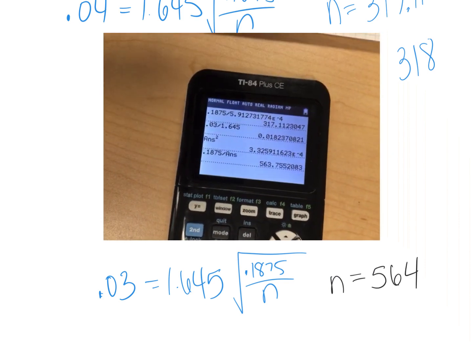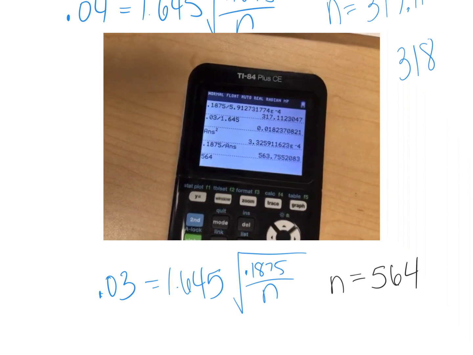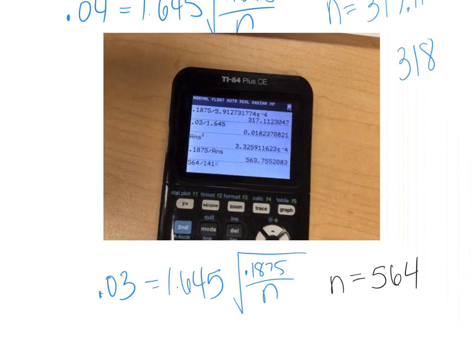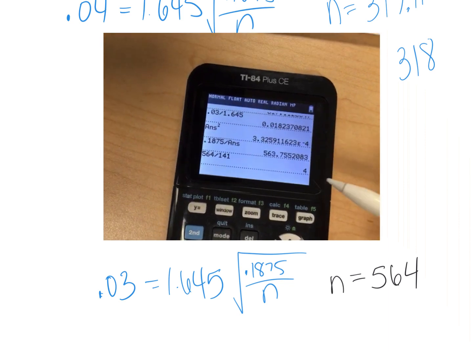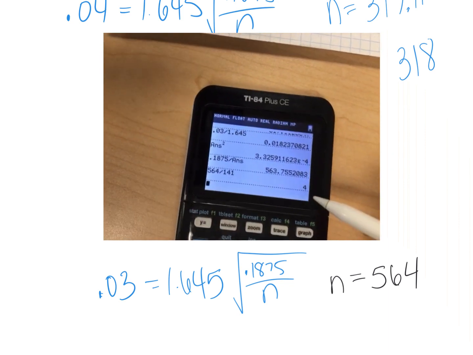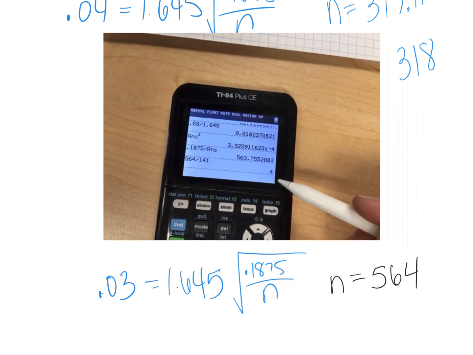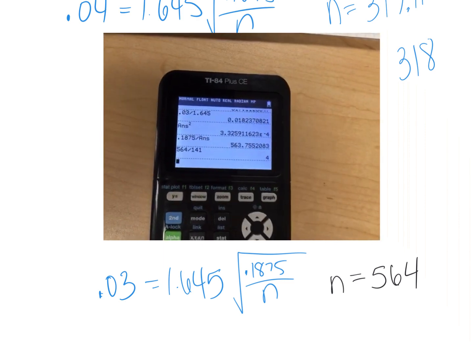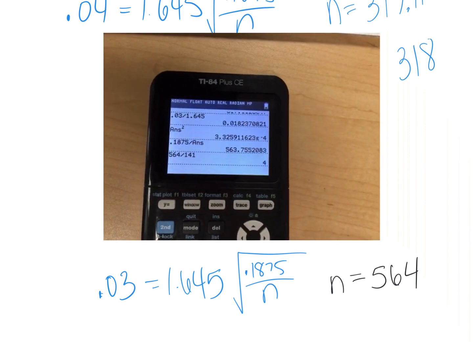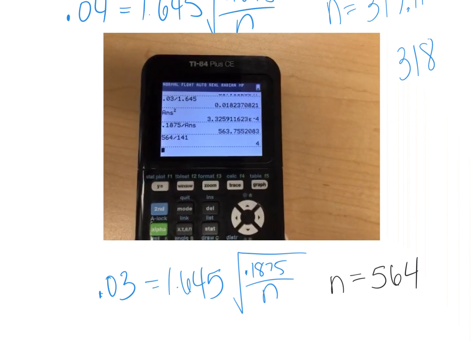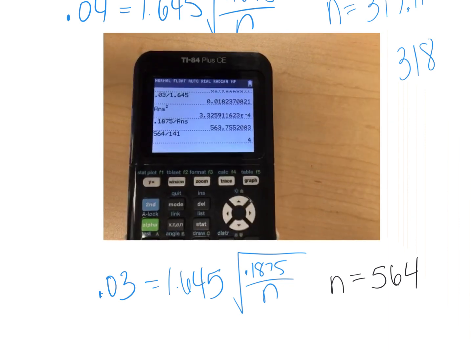So I got 564 and I got 141 originally, right? It was 4 times as much. Why? And it's exactly 4 times as much with my rounding. So if I want to cut my margin of error in half, I need to multiply my sample size by 4.